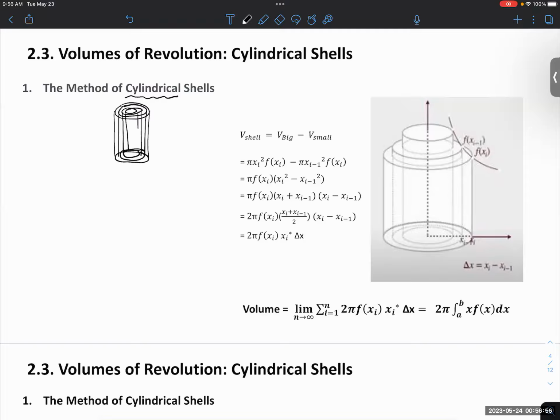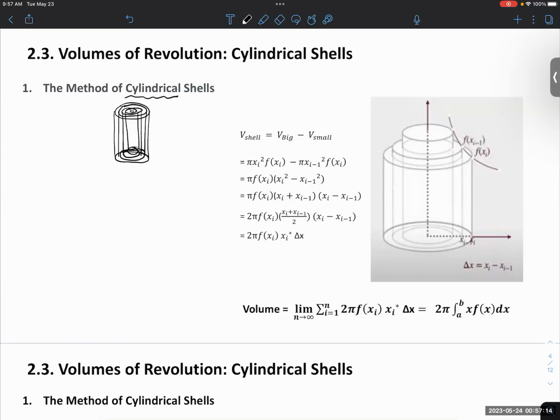So it's like a shell, right? Or you can think about an onion. You peel off each layer, then you collect all the peels and add them up. You're going to have the entire onion shape, right? Same thing.